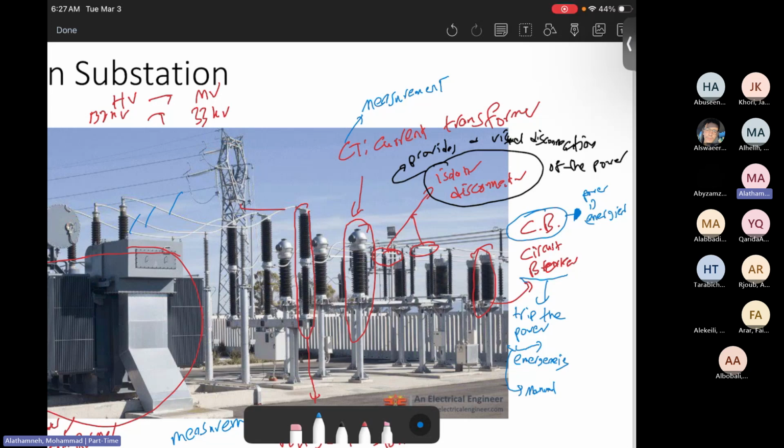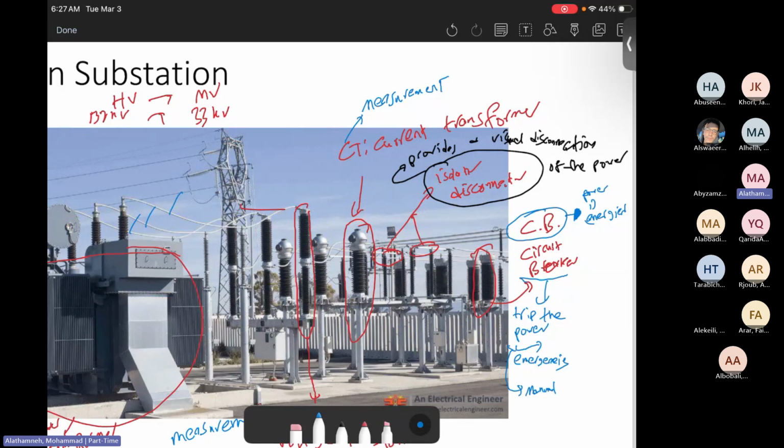To absorb the spark, the circuit breaker must have an insulation material that can handle it. Therefore, it is filled with SF6 gas, or it can be filled with oil that absorbs the spark. That's what makes the circuit breaker distinguished from the others.